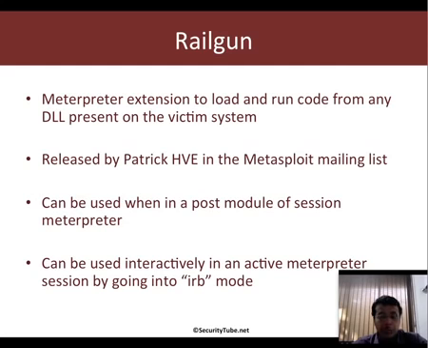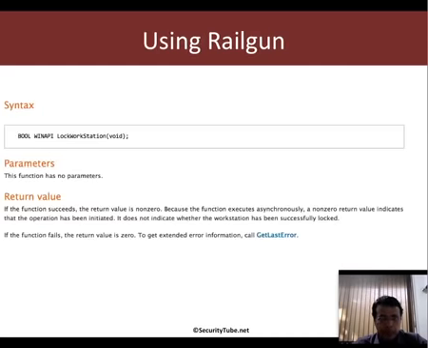So how can you access Railgun? Well, you could either go ahead and use it in Meterpreter post-exploitation modules or Meterpreter scripts, which is the older generation, or you can go into the interactive IRB mode and use Railgun from that. So let's look at a quick demo of using Railgun.